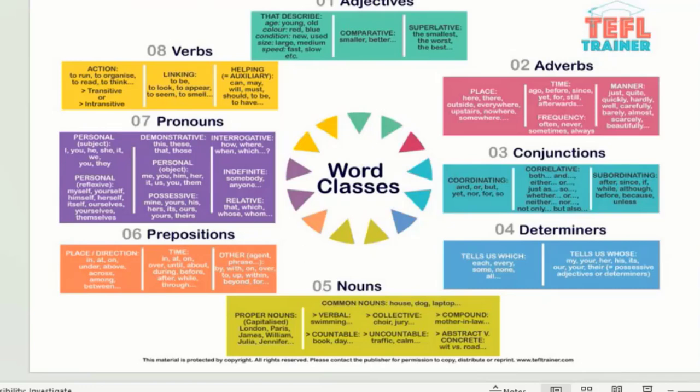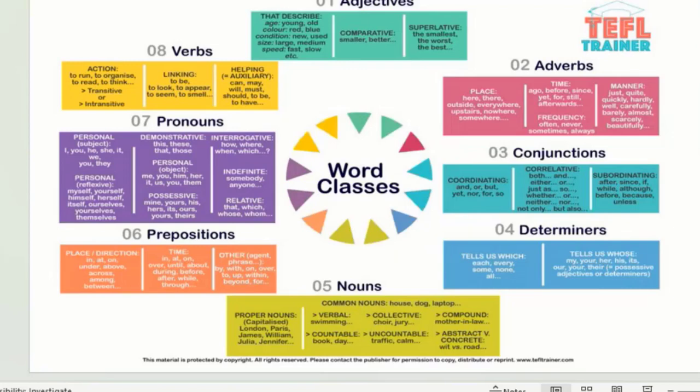Examples there. This is not my making. I took it from one book. Action verbs there: to run, to organize, to read, to think, to translate, transitive or intransitive. All these things happen in your mind as you are listening to a person, as you are writing.